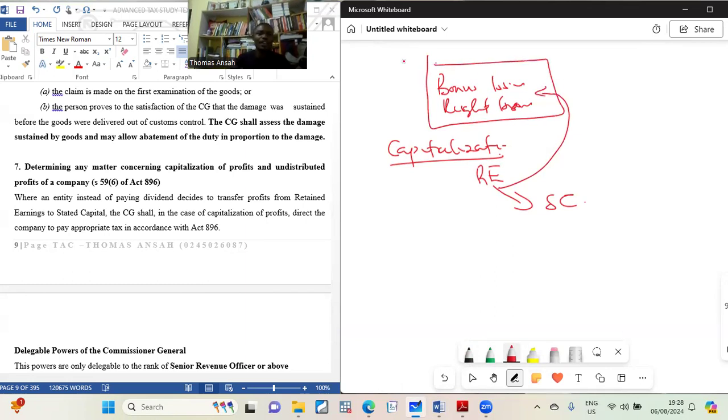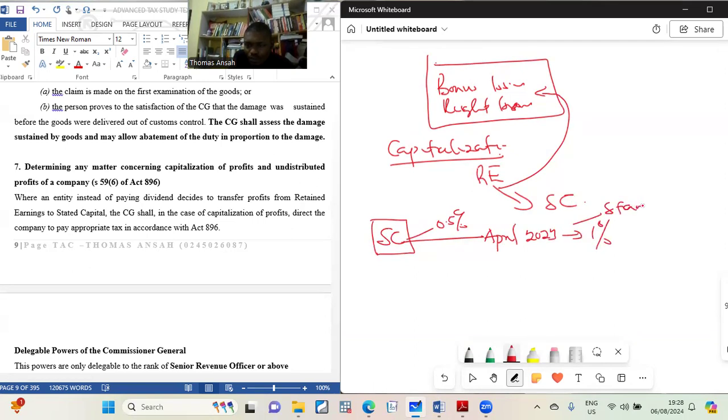Moving money from your retained earnings to your stated capital means you are dodging tax. Because in Ghana, all money that passes through stated capital used to be taxed at 0.5%, but since April 2023, the tax was increased to 1%. We call it stamp duty.